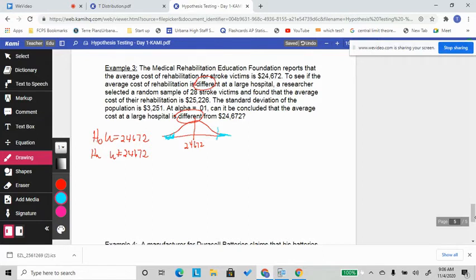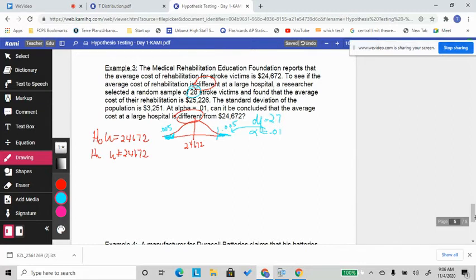Okay, so degrees of freedom. Sample size is 28, so we're at 27, and your alpha is 0.01. Now this is one of those ones where you have to divide up the alpha. This represents the total blue shaded, so you have to divide it into 2 because it's either a less than or greater than. So your alpha is going to be 0.005 on each end.